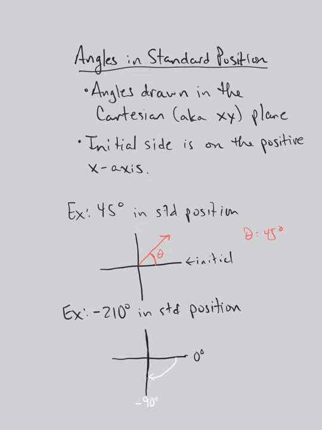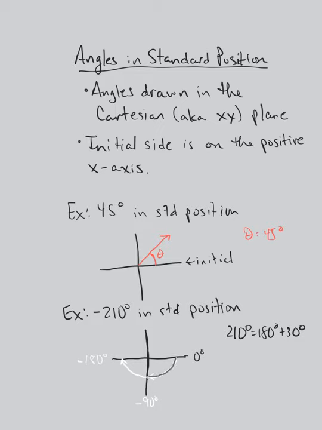If I continue on, that's a straight angle just in the negative direction, so that's negative 180 degrees. And I need to get to 210 degrees in the negative direction, so that's just a little bigger than 180. If you think about it, 210 degrees is 180 degrees plus 30 degrees. So right here, I need to extend this rotation another 30 degrees, which is just a little bit beyond that.